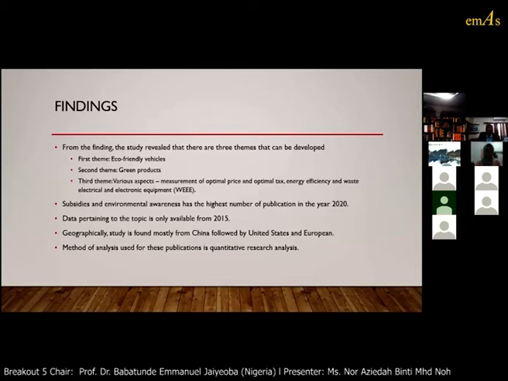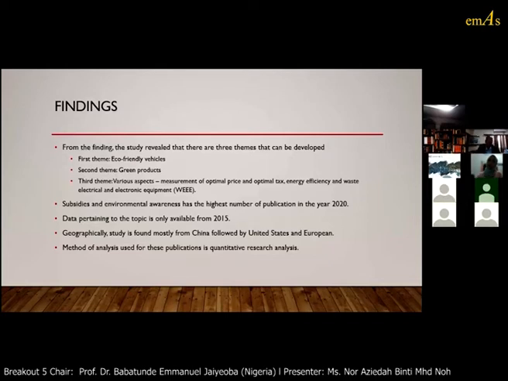From the findings, we can see that subsidy and environmental awareness has the highest number of publications in year 2020. And it is actually growing from 2019 to 2020, as we can see that researchers have interest in doing this research. The data is only available from 2015 until 2020.